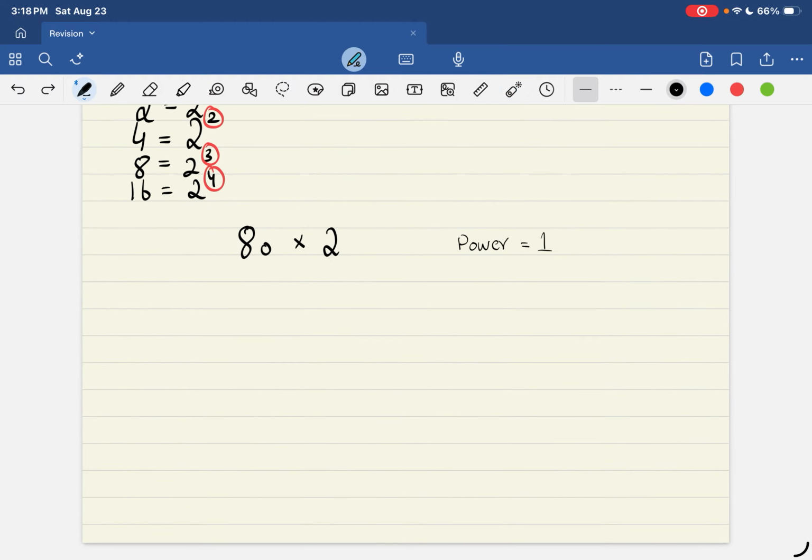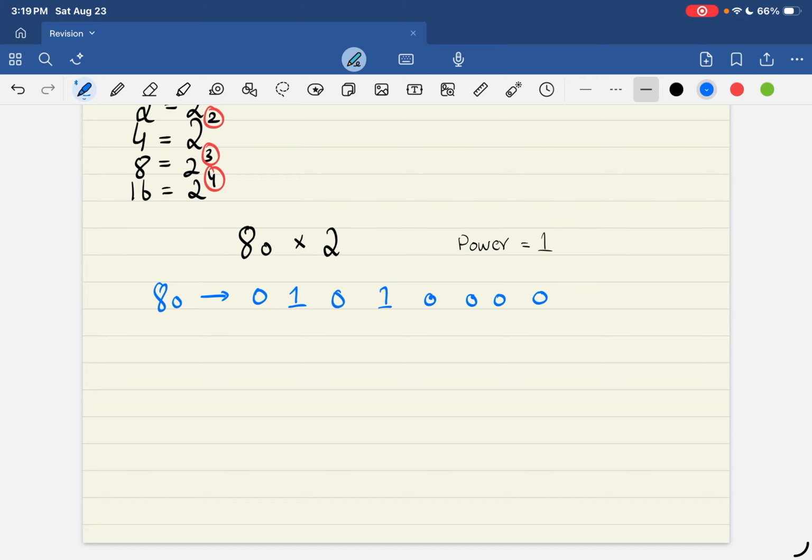The way we perform this is to simply write down the binary representation of 80, which means it's going to be 64 and 16, right? 32 is going to be 0, 128 is going to be 0, the rest of them are also going to be 0. So this is the binary representation of 80.